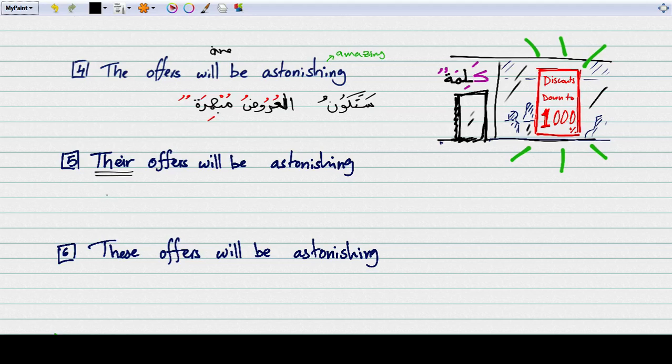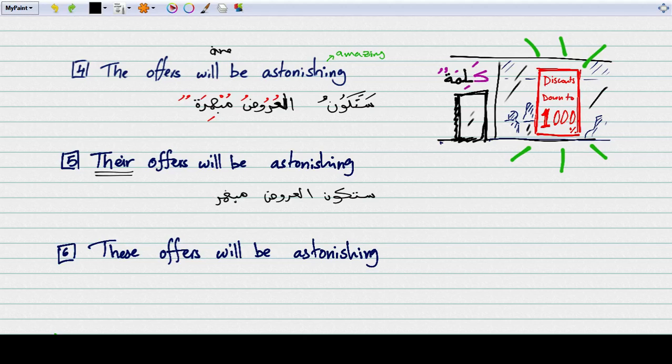offers. Okay, another case of giving ownership of something, and basically how we translate that in Arabic is by adding an attached pronoun. So the same sentence again, ستكون العروض مبهرة.